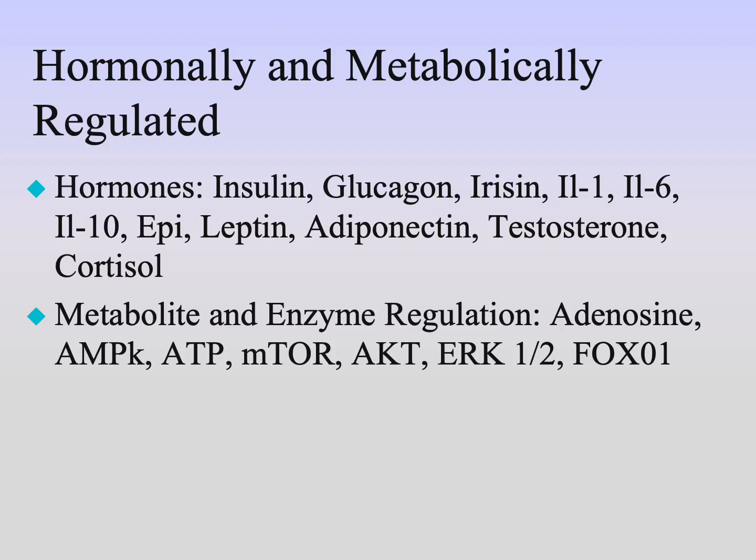Metabolically, it will be regulated, and enzymatically, we will have regulation by adenosine, AMPK, ATP, and then regulations on the pathways that regulate mTOR, the AKT, the ERK1, ERK2 pathway, and the FOXO1 pathway. All of these pathways are going to be regulating which direction we are going to be putting glucose into glucose metabolism.